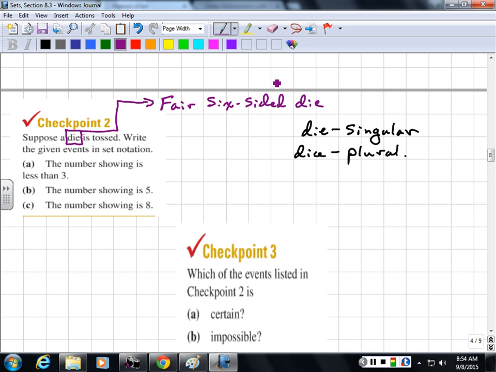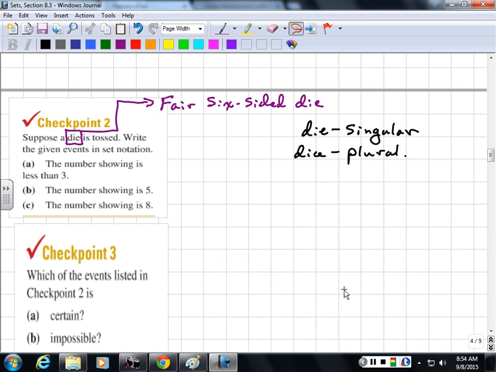Now, write the given events in set notation. So this first one, part A, says the number showing is less than 3. Well, first off, I need to know what the sample space is in order to be able to answer these questions. So let's list the sample space. And since it is a fair six-sided die, there are only 6 possibilities.